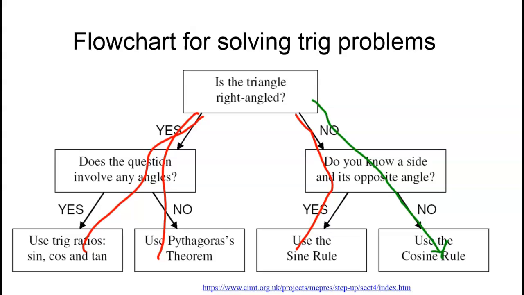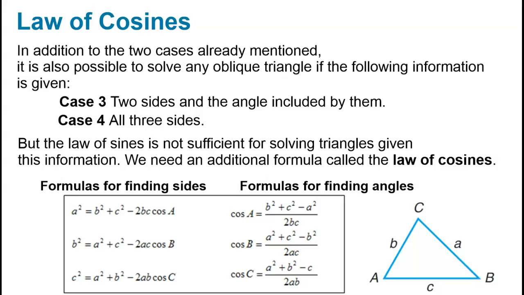So we're going to talk a little bit about the cosine rule and introduce you to it first. The law of cosines is going to give us two new cases. We had case 1 and case 2 that we've already looked at with the law of sines.